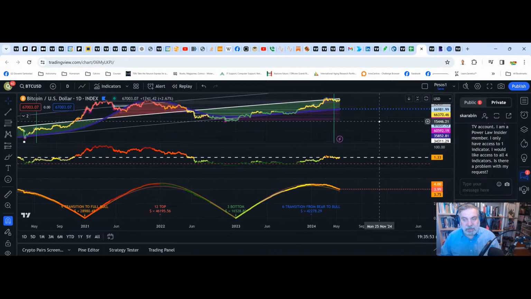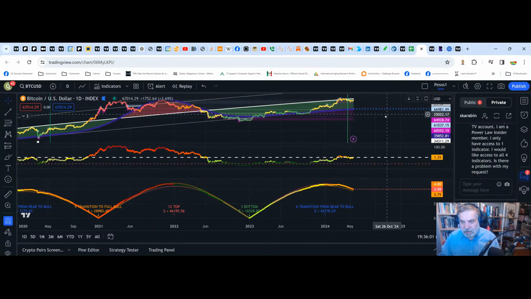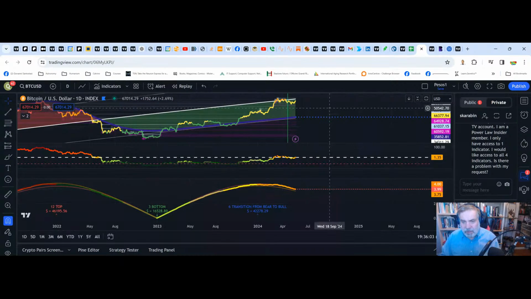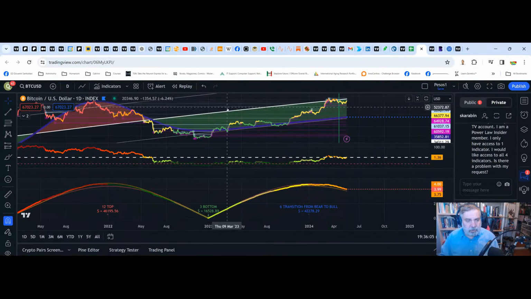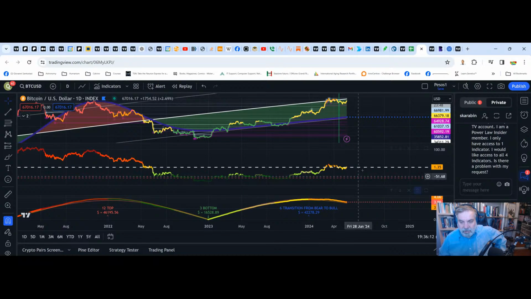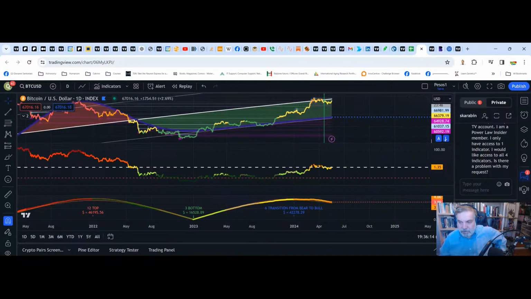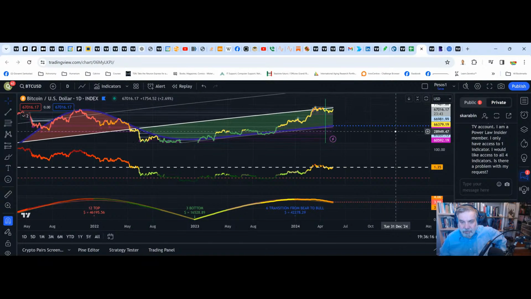So these are indicators that we have developed that are based on the power law information, and we have two different ways, right? And if you follow me before, you're familiar with some of these ideas, but I want to kind of review a little bit because maybe there are people that are not familiar with them.